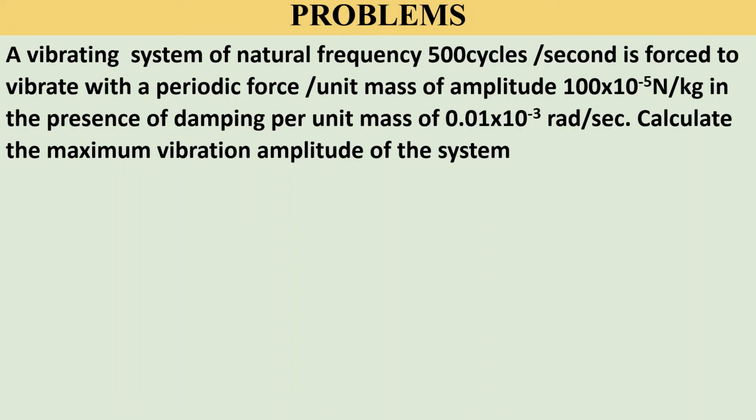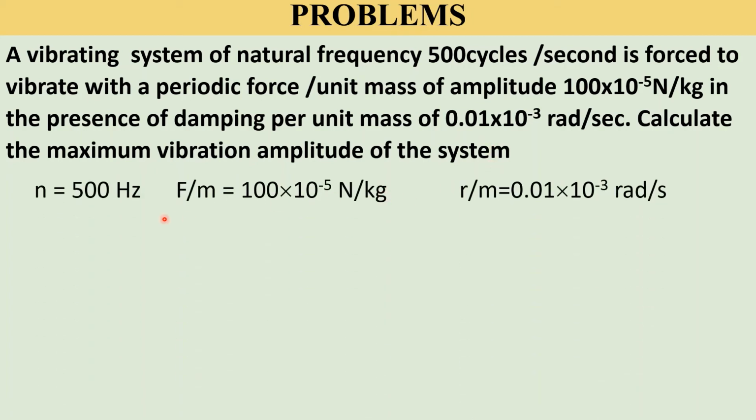So here natural frequency of the system is 500 cycles per second, so this is n. Force per unit mass is 100 into 10 to the power minus 5 Newton per kg, this is F by m. And R by m is 0.01 into 10 to the power minus 3 radians per second.